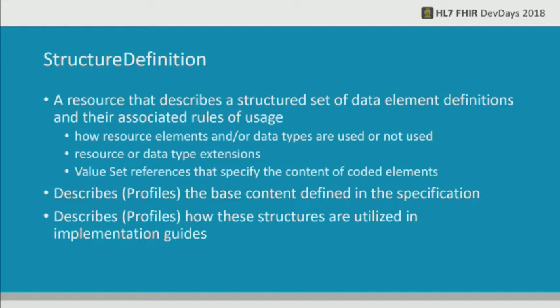When you get to an implementation guide, to actual use cases out there, you're going to build structure definitions that extend the base profiles and then add those additional constraints. Those constraints can simply be cardinality rules: I now make it required with a 1. Or I could put logic in the structure definition through expression language to do more complex things, like this field is required if this code value is X.